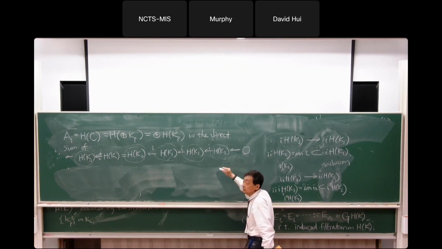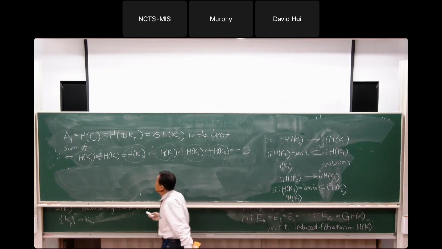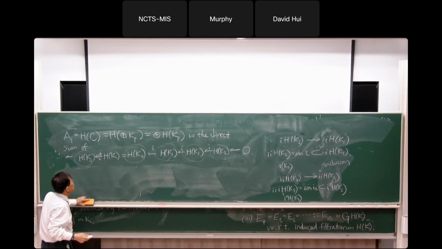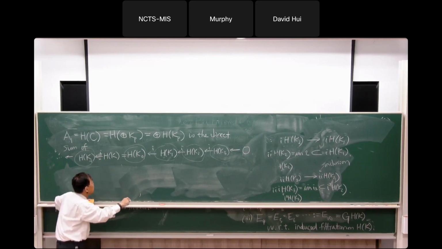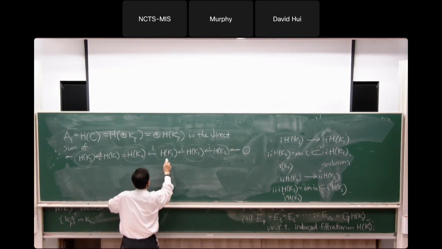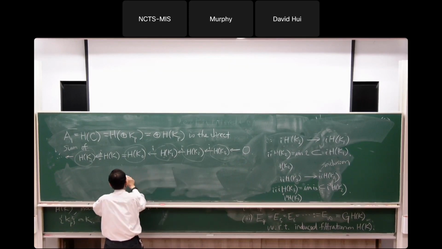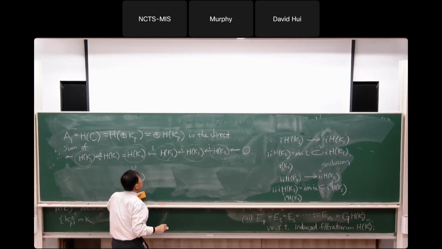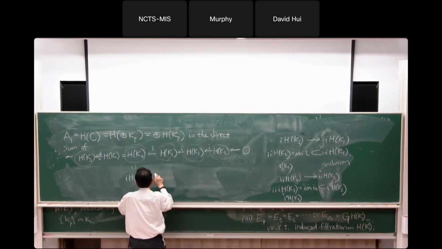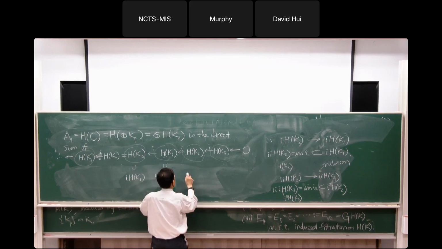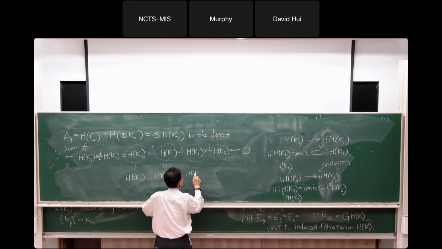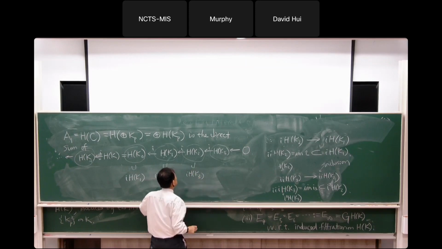So this is A1. And then A2 is when you apply I to everything. So I of HK1 is going to be a subgroup here. I of HK2 is a subgroup here. I of HK3 is a subgroup of that.